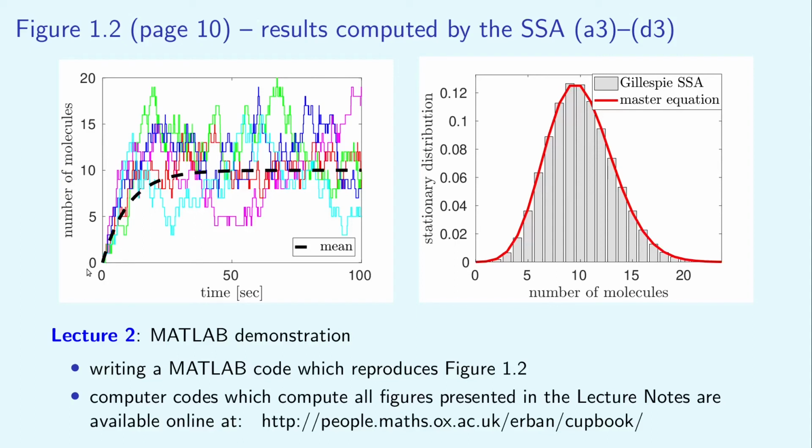Initially, some molecules are produced, then some are degraded, but after about 50 seconds, the number of molecules fluctuates around the value of 10 molecules. The dashed line is the average number of molecules in the system. It can be obtained by averaging over millions of stochastic realizations of the SSA A3D3, but we can also obtain the mean analytically. We will next discuss the corresponding analysis.